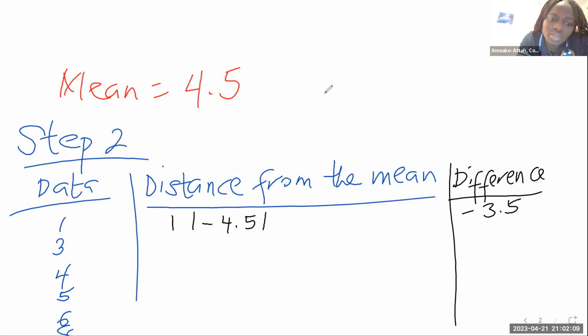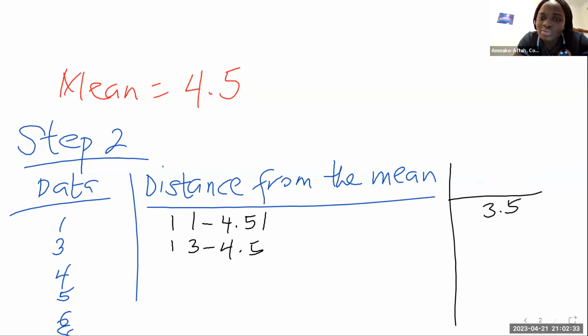The next one is 3 minus 4.5. If you see the absolute value bars, you won't write the negative value. We choose the positive values.